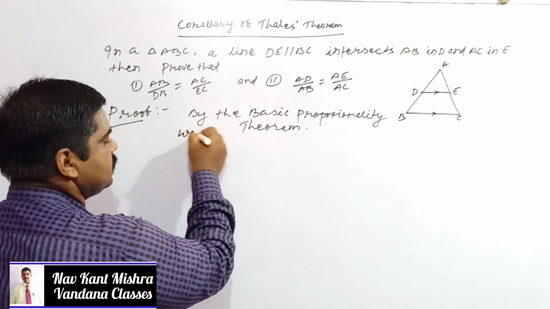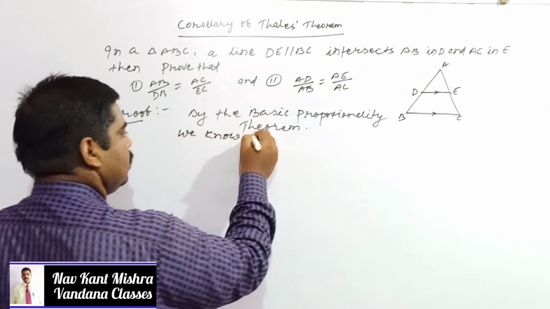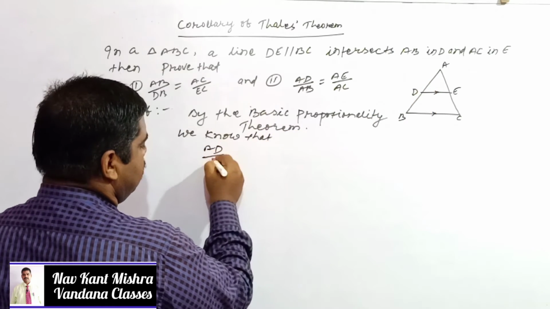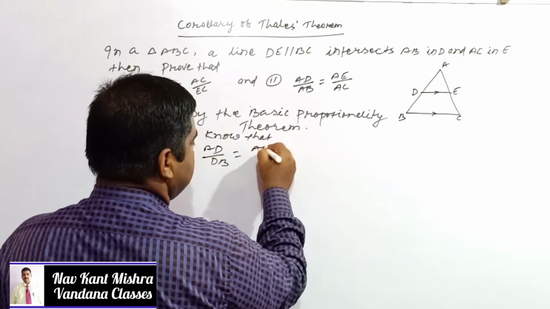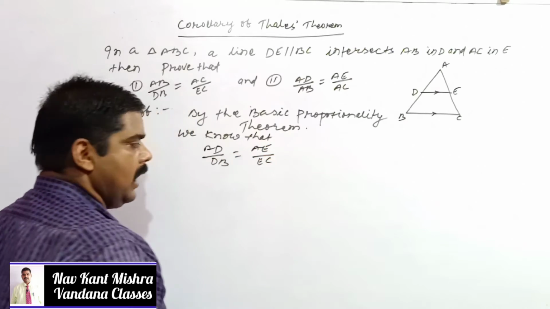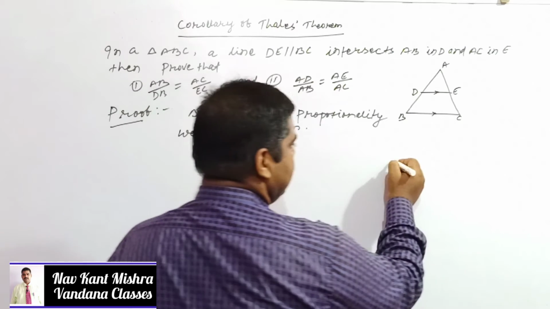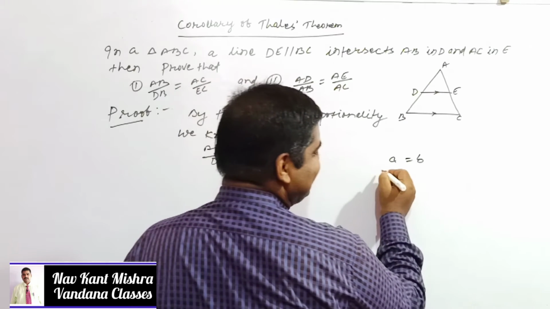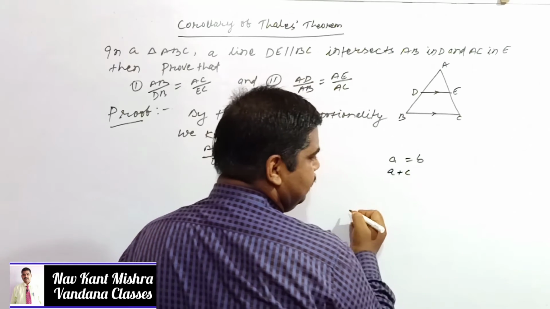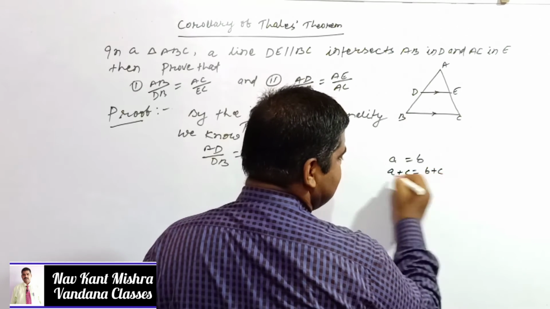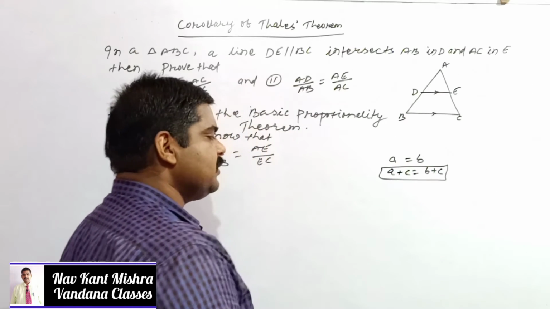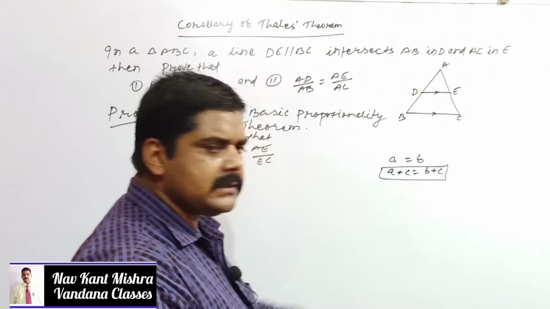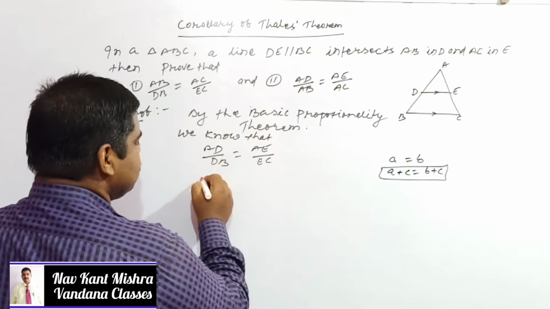We know very well that AD upon DB is equal to AE upon EC. You know that if A is equal to B, then the law of proportion is that if you add a constant number to both sides, the result is unchanged. And this is why you have to apply the same method in this case. The constant number I have selected is 1.